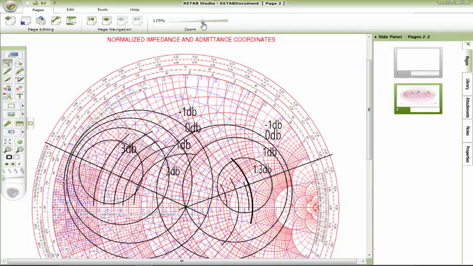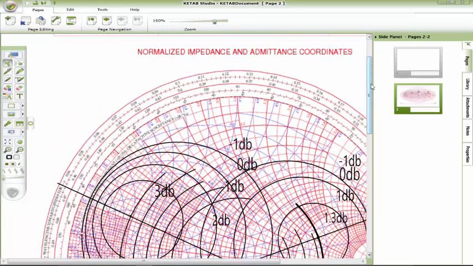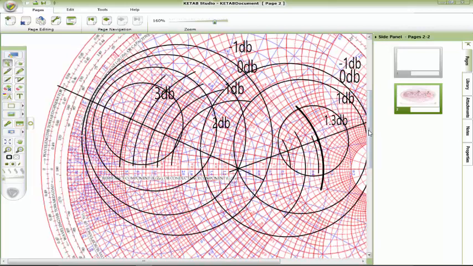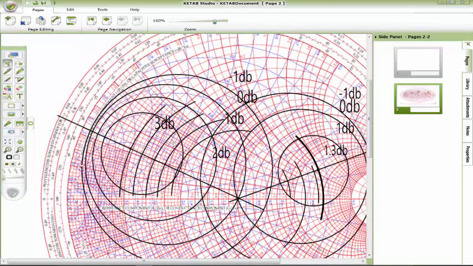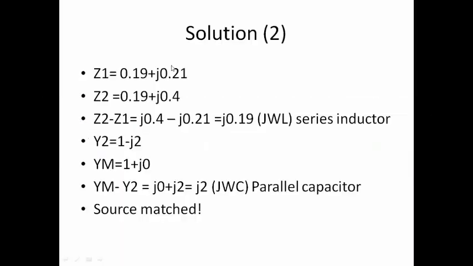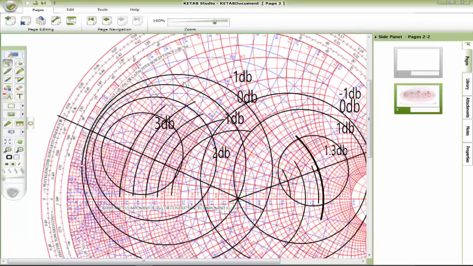We want to find where it is. The 3 dB point is at 0.19 in the resistance lines, and as we can see, it's J 0.21.